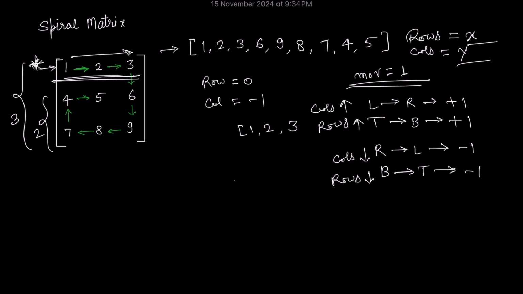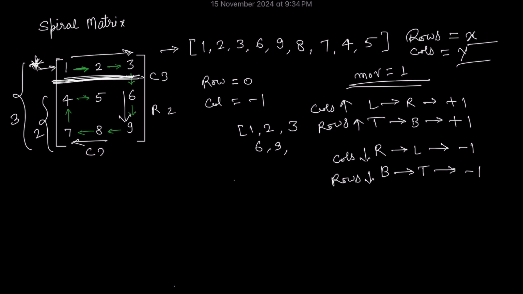So the first row has been done, then we will go for the columns. At first we have gone through all the columns, then we subtract the number of rows, then we go for the number of rows. Here the columns are 3 and the rows are 2. So 1, 2, 3, 6, 9 has also gone, remaining 2.